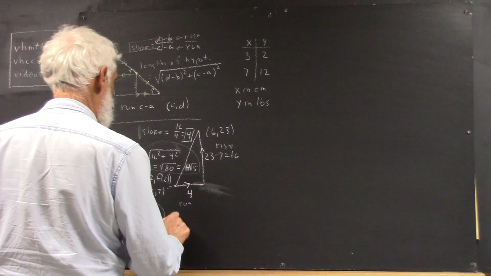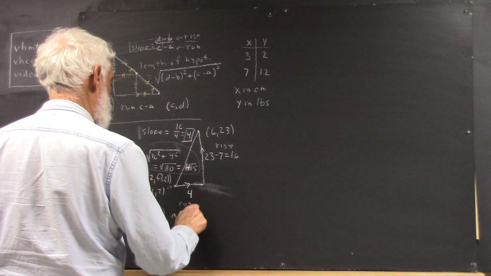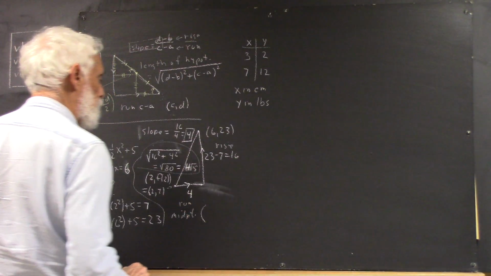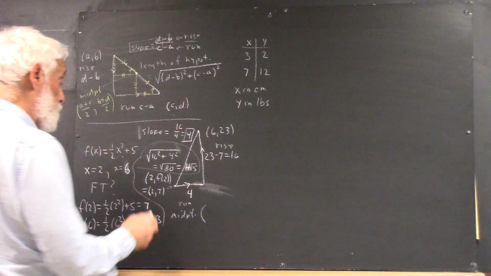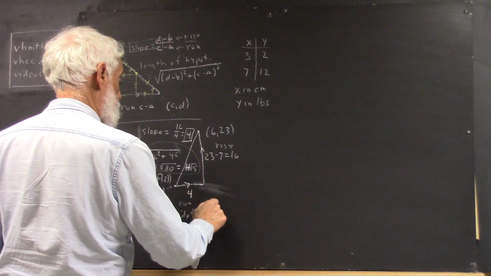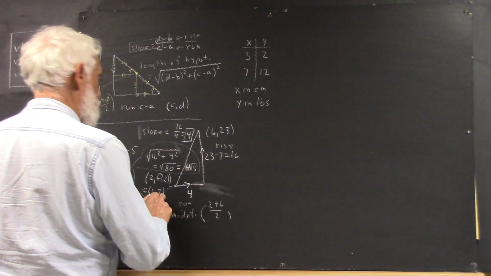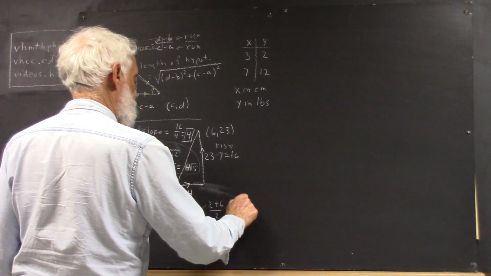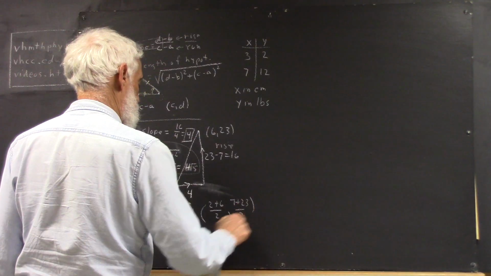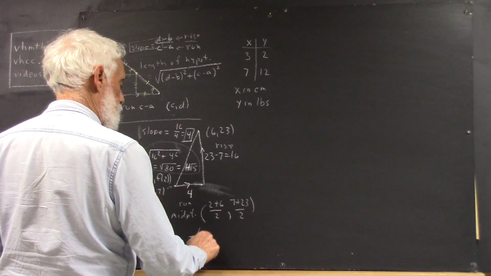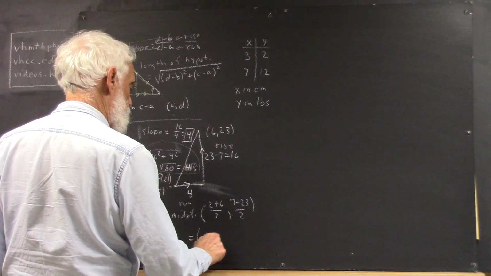And the midpoint is going to be, well, we average the two. 2 plus 6 over 2, 7 plus 23 over 2. That comes out to 4, 15.